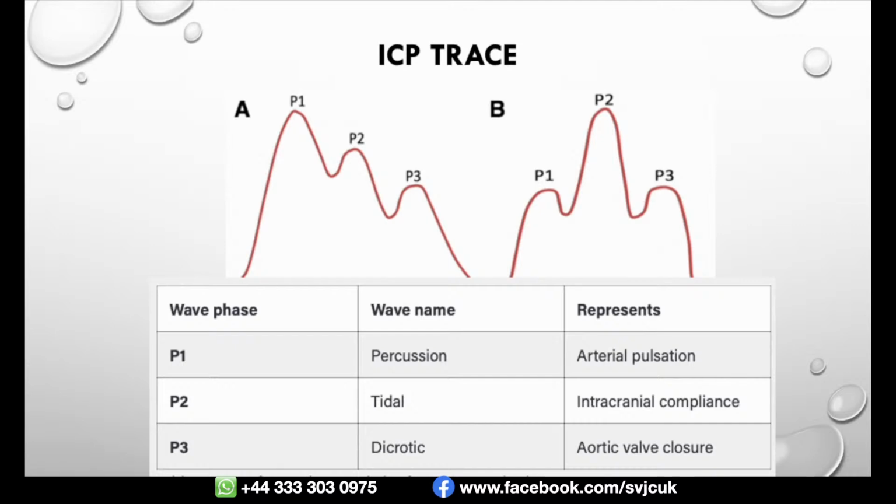The tidal wave is generated by arterial pulsation and the resistance from the intracranial parenchyma, so it represents intracranial compliance, and the P3 dicrotic waveform represents the closure of the aortic valve. The respiratory component is generated by changes in the intrathoracic pressure, which is caused by respiration.